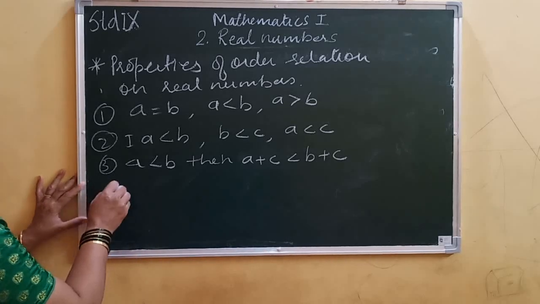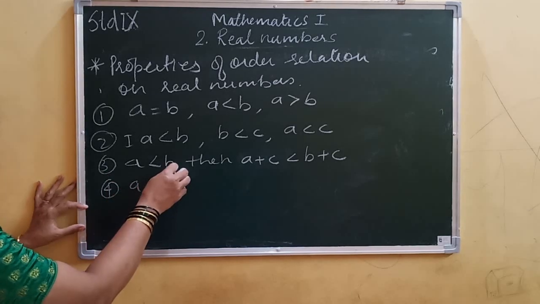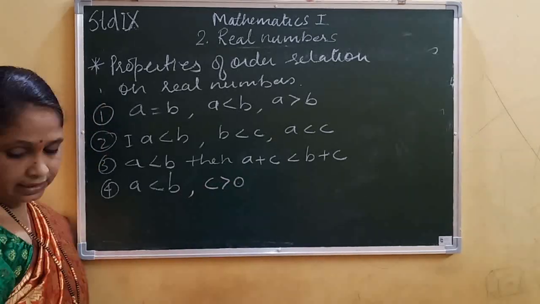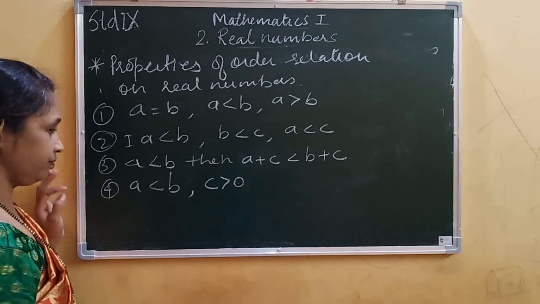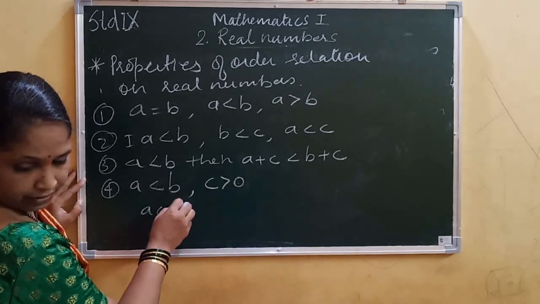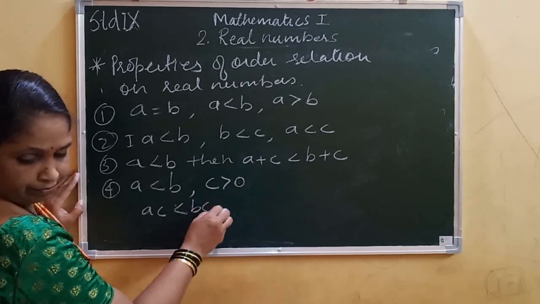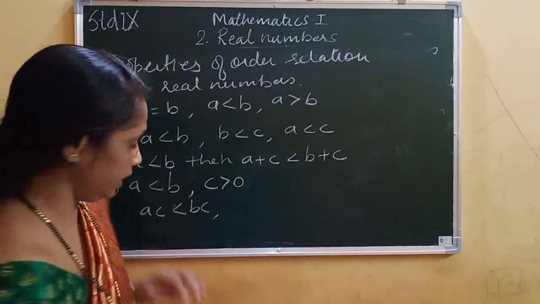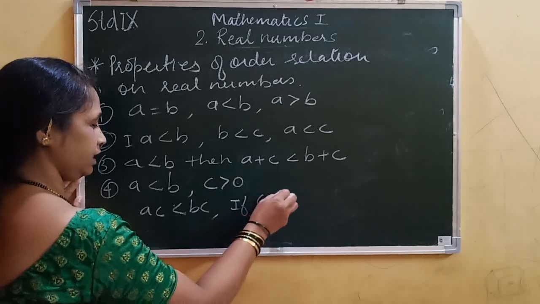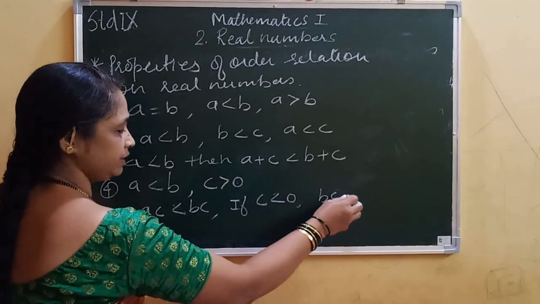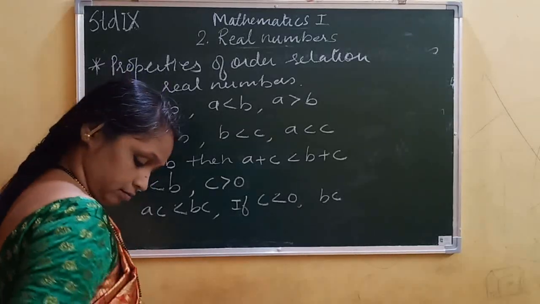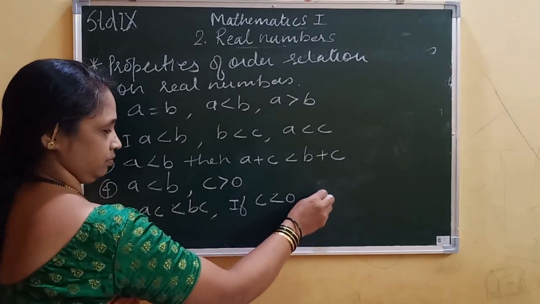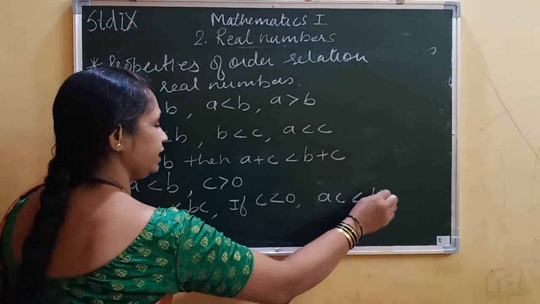Now fourth one, it is what? If A is less than B and C is greater than 0, then AC will be less than BC, and if C is less than 0, then AC will be greater than BC.